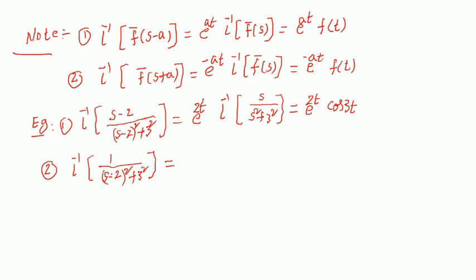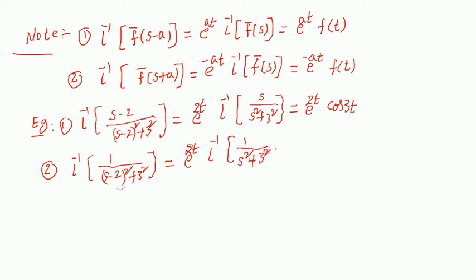What is that? Here in the place of s we have s minus 2. To remove this minus 2 by using the first shifting property, we can write first e power 2t. Then the role of minus 2 is completed. Then what is the remaining term? L inverse of 1 by s square plus 3 square.